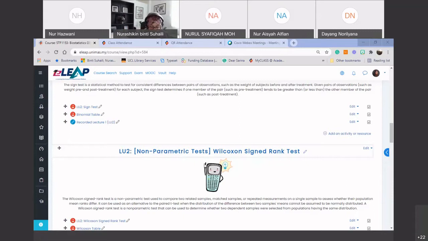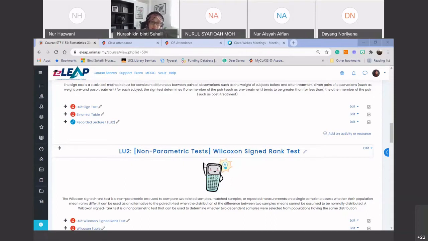So if you see the definition of the test, it is to test pairs of observations, the weights of subjects before and after. But in short, they are related, they are dependent.